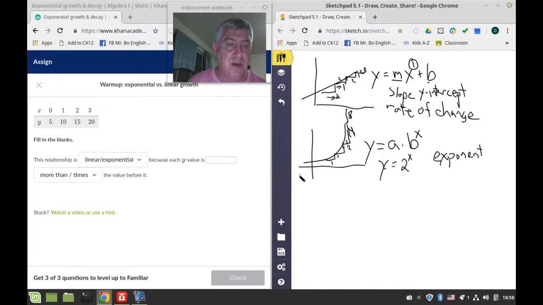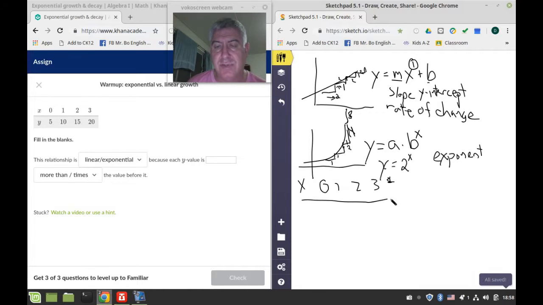Okay, so our first one over here, we have x as 0, 1, 2, 3. Always look at the x's, because sometimes you'll see the x's don't grow consistently. And our y's are 5, 10, 15, 20. So we're going to look at the first difference. 10 minus 5 is 5. 15 minus 10 is 5. 20 minus 15 is 5.